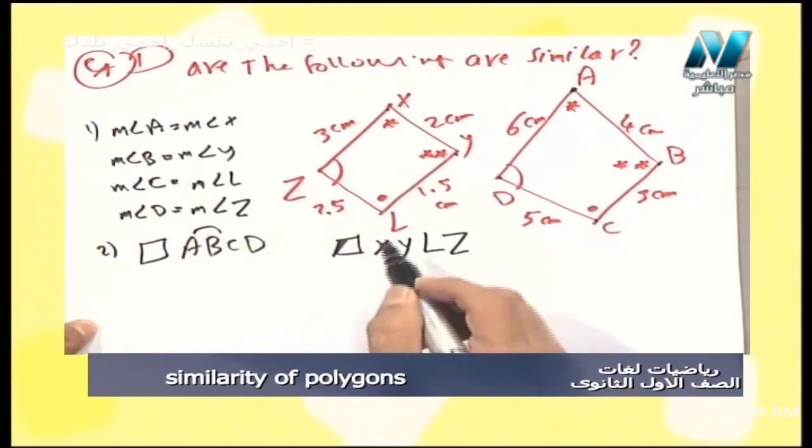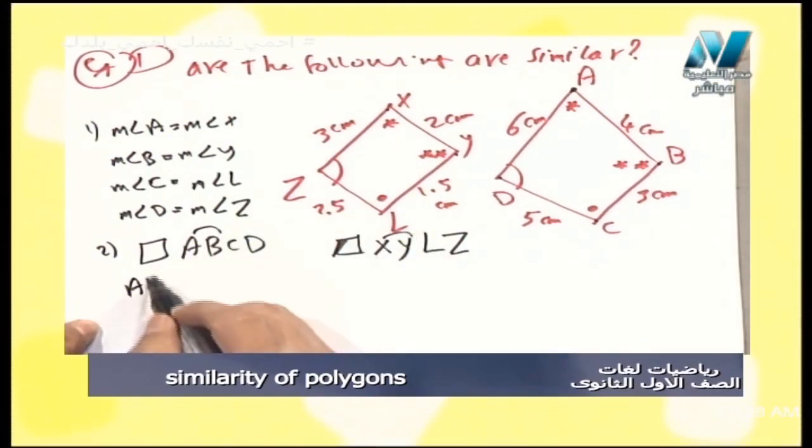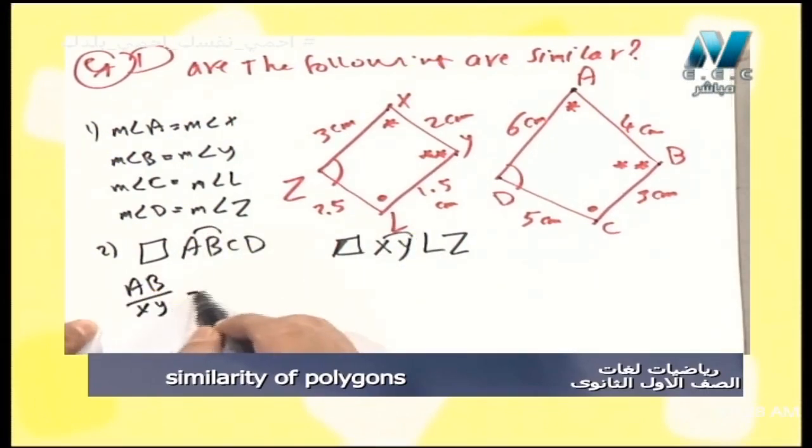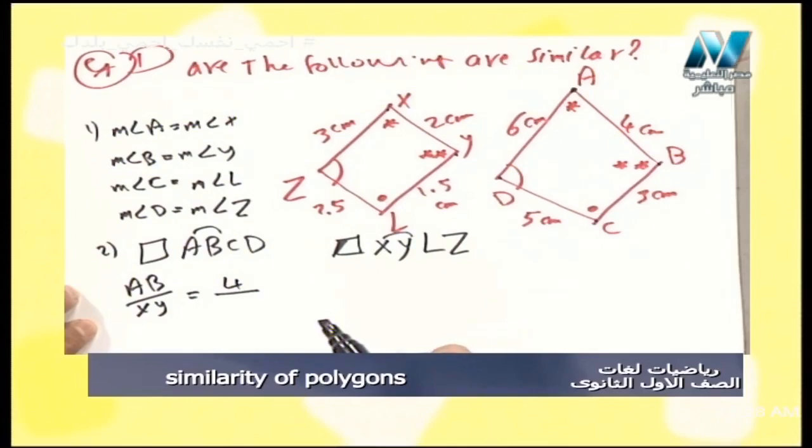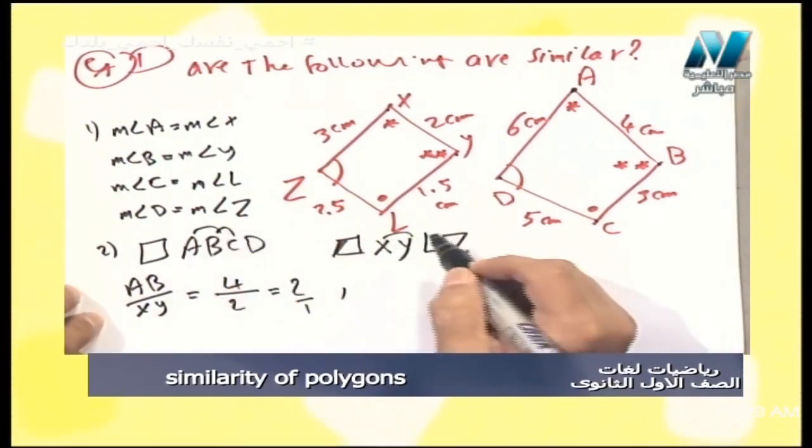We say AB over XY equals what? AB here equals 4 centimeters and XY equals 2 centimeters, so equals 2, or 2 over 1. Let's go to the second one, BC over YL.